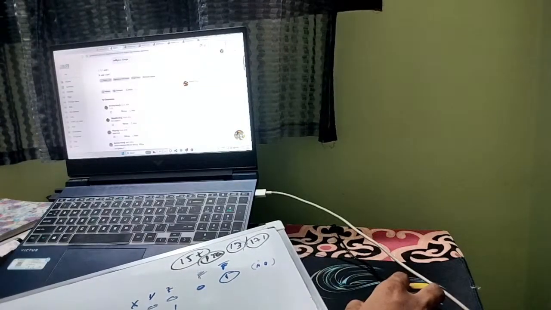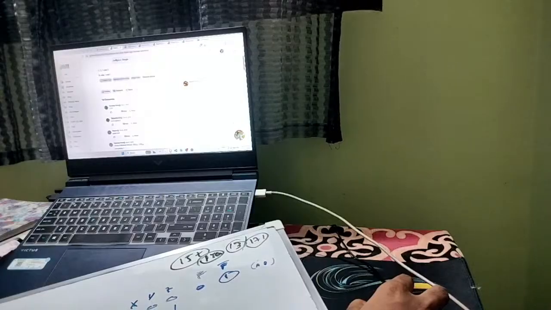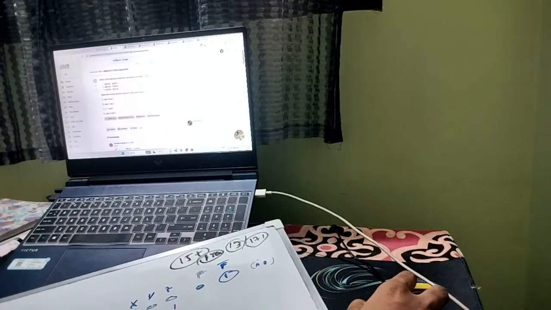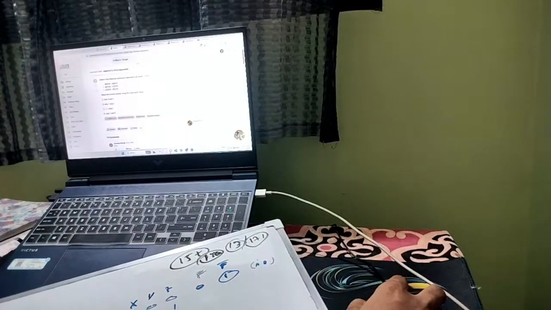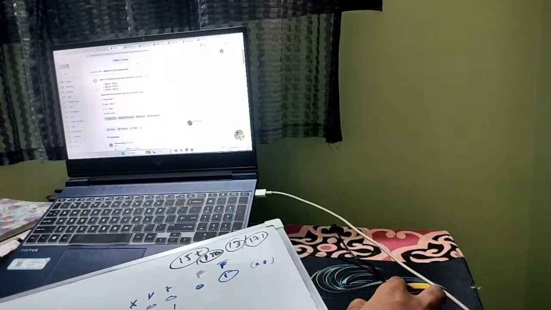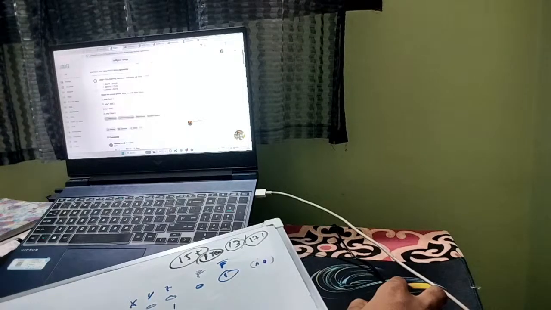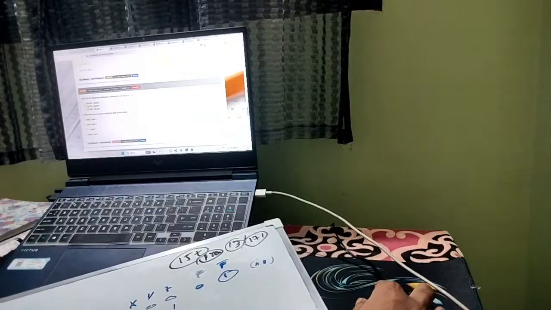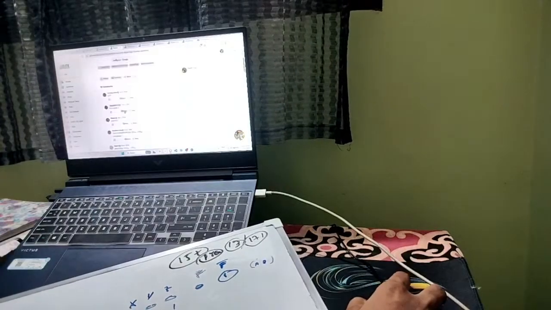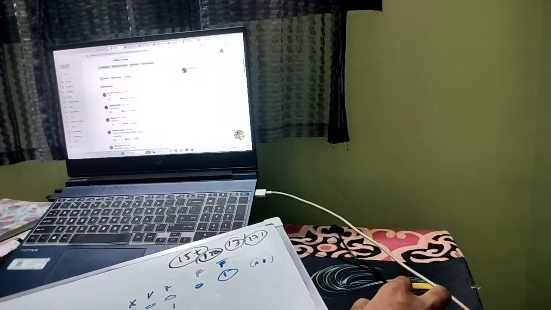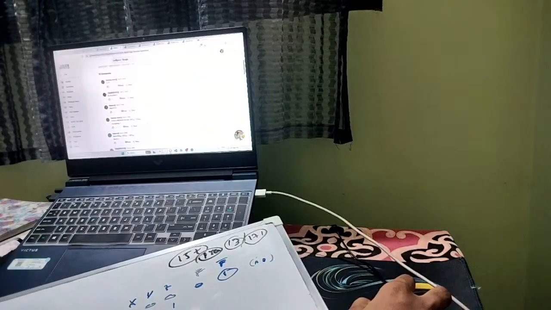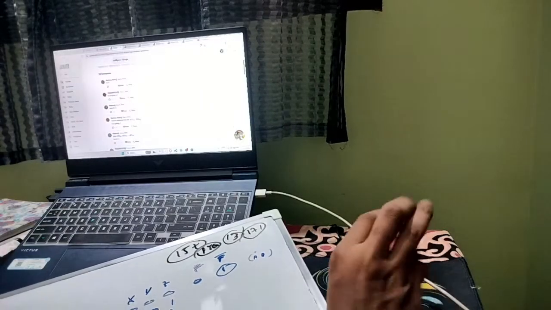B, no. D, no, it's even B. Only one and two. But then mark D. That's B. Elaborate this one. This is 3D.